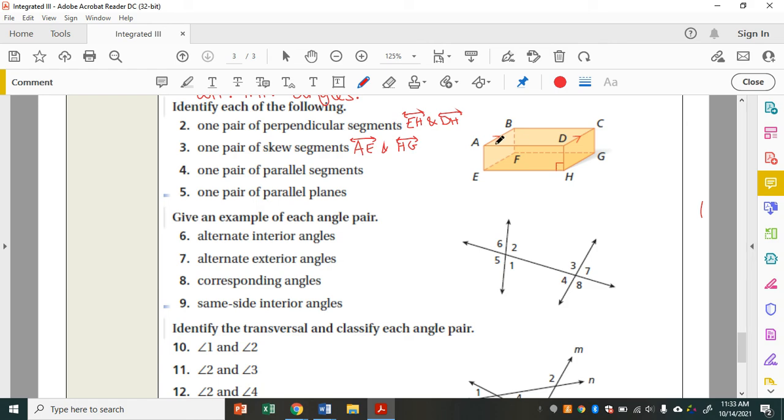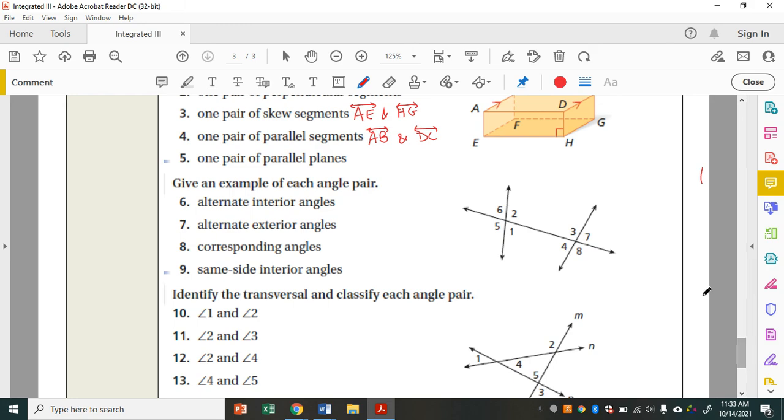A pair of parallel segments, you can see your little arrows up here. So that's a hint. You can use those. So line AB and line DC are parallel to one another. Again, you could have said AE and DH. You could have said CG and BF or any of those, right? There's actually quite a few different parallel lines in there.